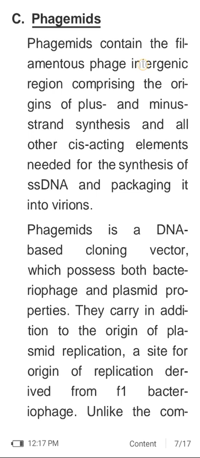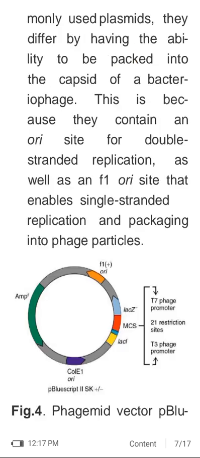They carry, in addition to the origin of plasmid replication, a site for origin of replication derived from f1 bacteriophage. Unlike the commonly used plasmids, they differ by having the ability to be packed into the capsid of the bacteriophage. This is because they contain an ori site for double-stranded replication as well as an f1 ori site that enables single-stranded replication and packaging into phage particles.